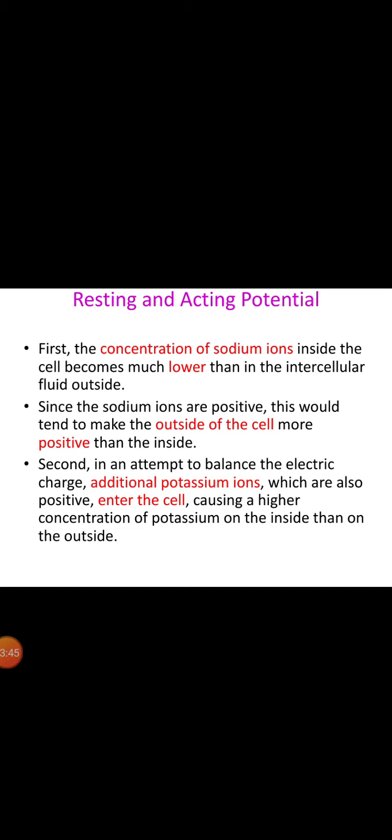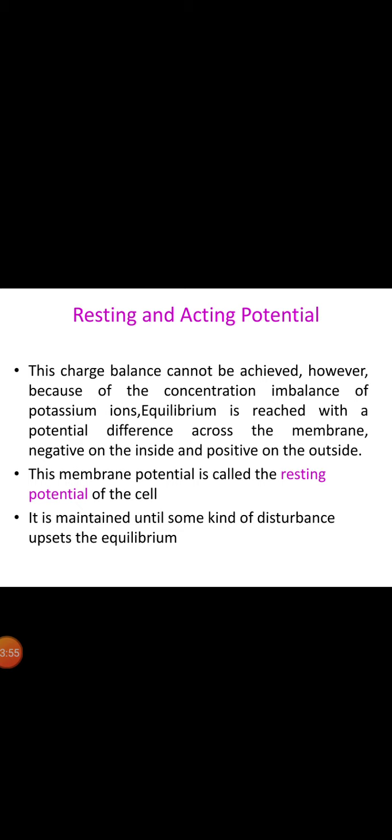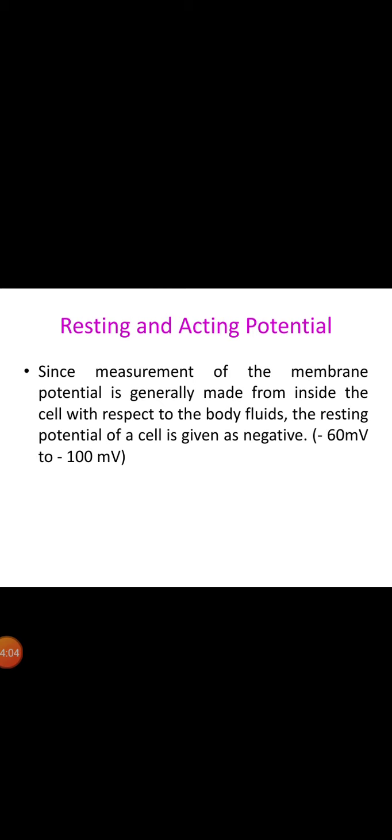At the same time, the potassium ions, which were in higher concentration inside the cell during the resting state, try to leave the cell but are unable to move as rapidly as sodium ions. As a result, the cell has a slightly positive potential inside due to the imbalance of potassium ions, and this potential is called the action potential.